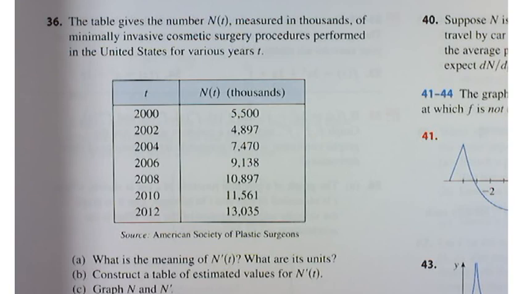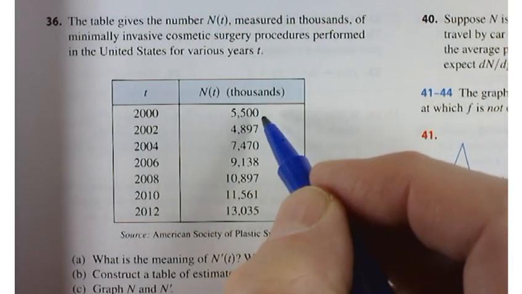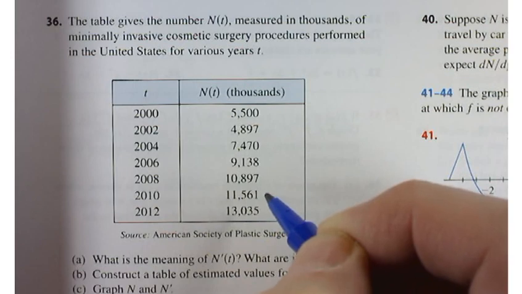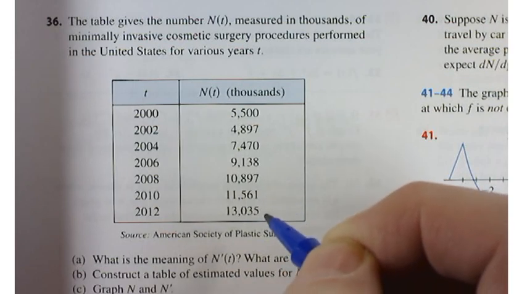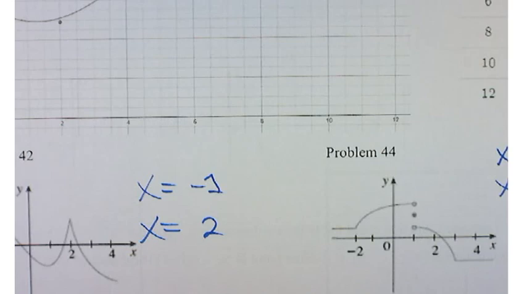Wow, I don't think I really realized that when I did this problem originally, that this number was in thousands. So that means that there's like 5.5 million, 10 million, 13 million cosmetic procedures in the United States. Wow, that's a lot of cosmetic procedures. In any case, I graphed that for us here.